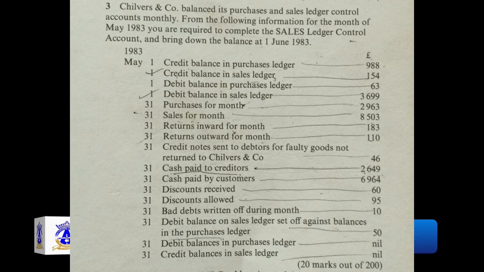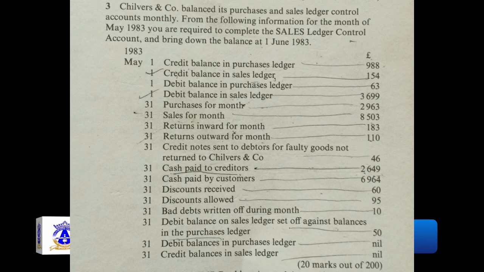Purchases for the month 29,63. I want you to notice that we do not deal with the total purchases. We only deal with those purchases that are usually credit purchases. So purchases for the month 29,63.